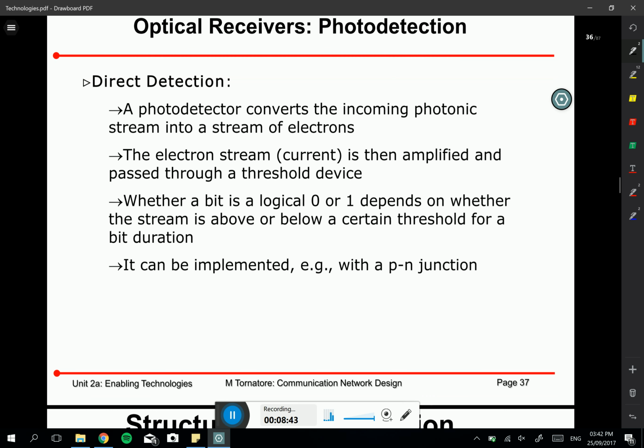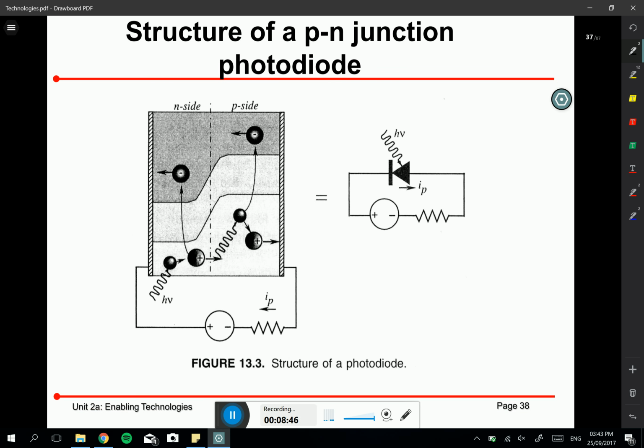You have a PN junction in a stable state, meaning that even if the N side has a higher number of electrons and the P side has a higher number of holes, if you don't perturb the system, you have a certain situation. When light hits over the PN junction, some electrons are going to jump from one side to the other, and so you're going to produce some electrical current, some voltage.